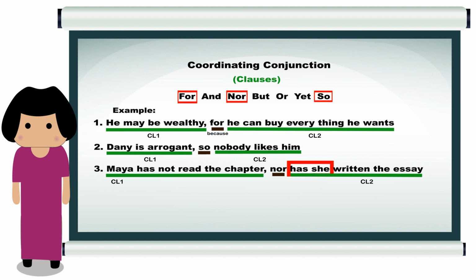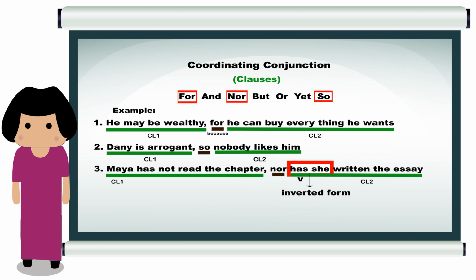Why is the sentence not she has written the essay, as the usual or common form of sentence? We have to put it in the inverted form because there is nor. Nor is considered a negative word. So any sentence coming after a negative word should be in the inverted form. Inverted form means the verb precedes the subject.